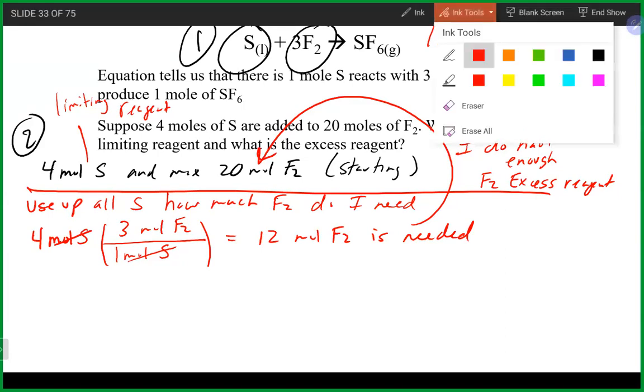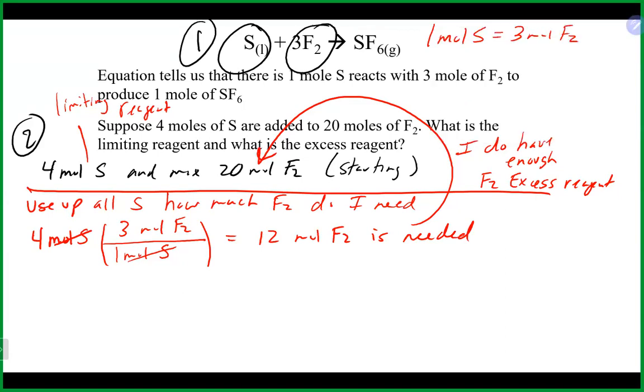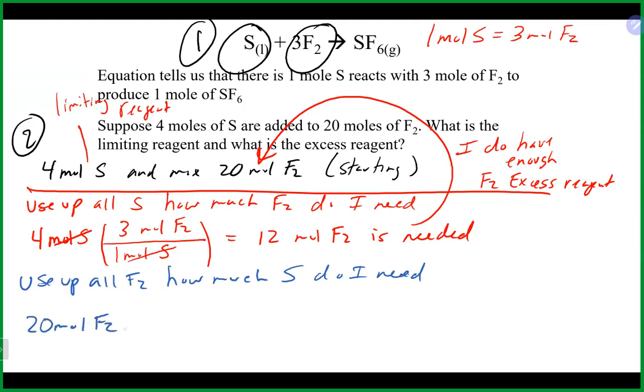So if I chose the other reagent, and I want to know how much sulfur would be needed to use up all of my fluorine, I would do a similar calculation, except I would start with my moles of fluorine. I would use my same relationship from the equation, and I see that 3 moles of fluorine gives me 1 mole of sulfur.